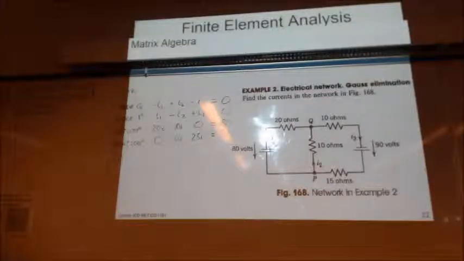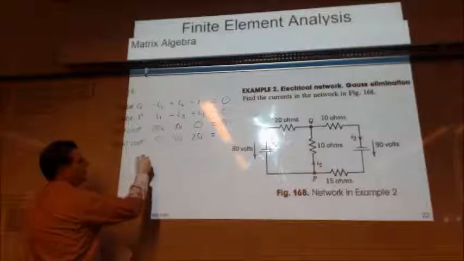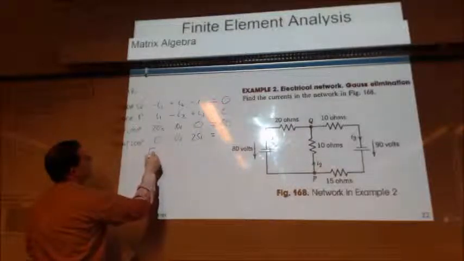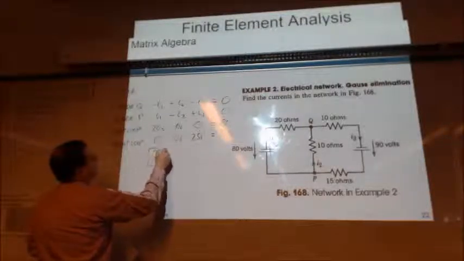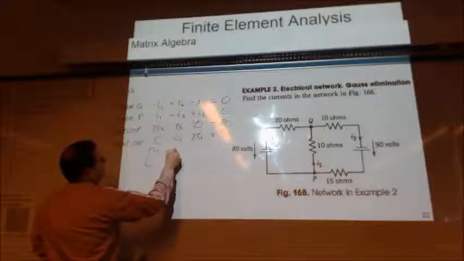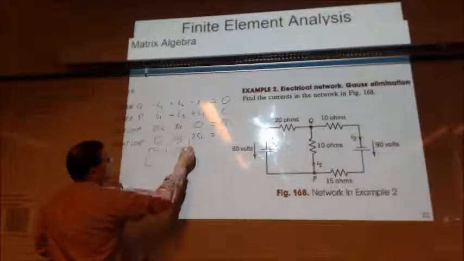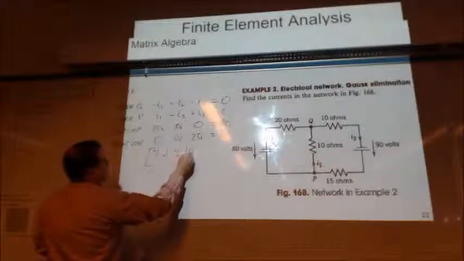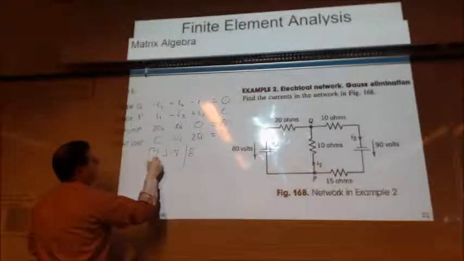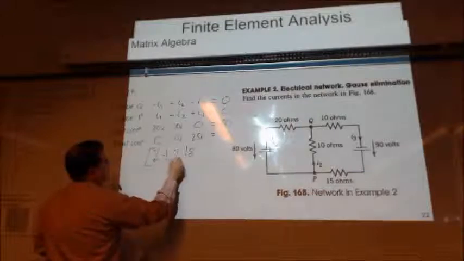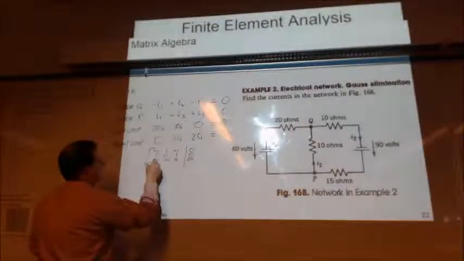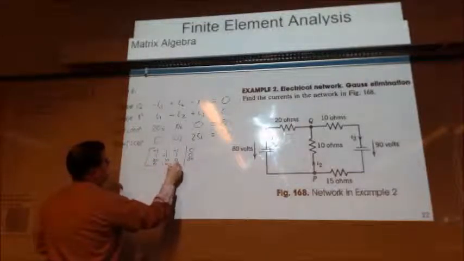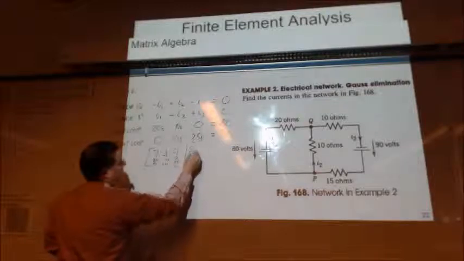So that looks like a system of equations, right? So we can make a matrix out of that, right? So we got minus 1, 1, minus 1, 0, 1, minus 1, 0, 20, 10, 0, 80, 0, 10, 25, 90.